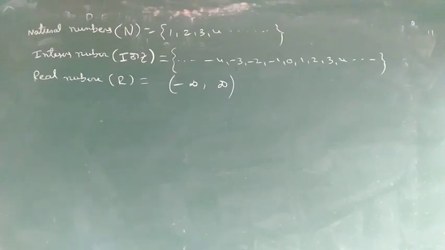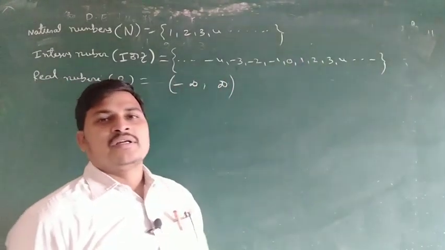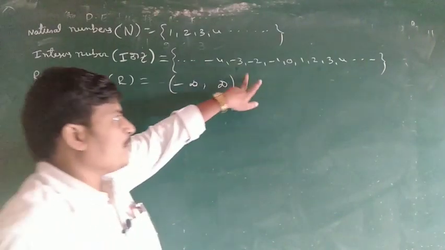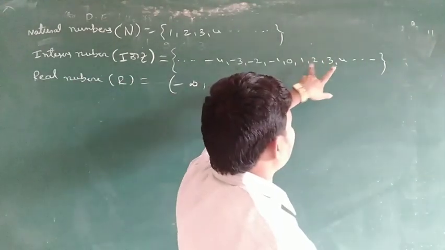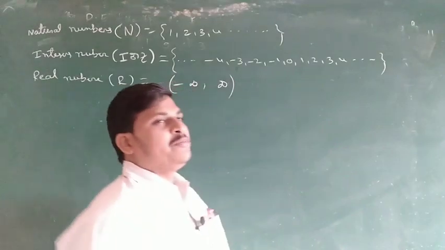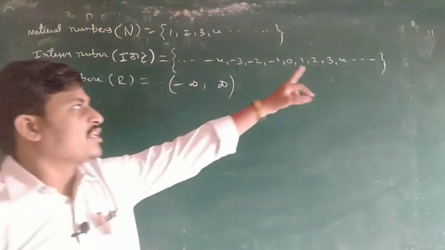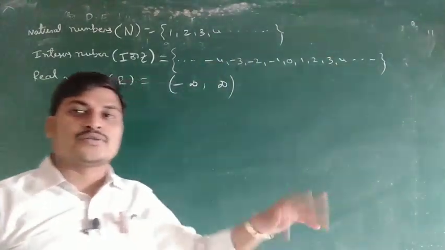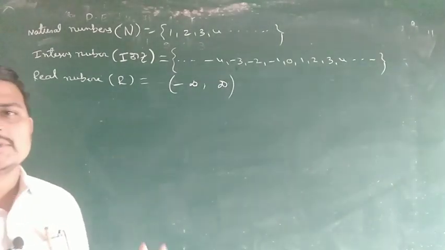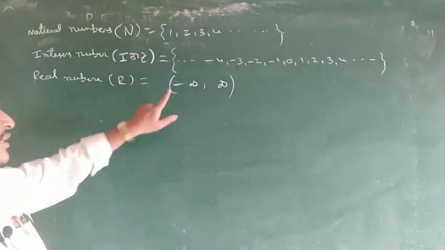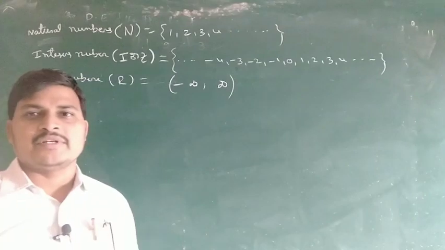What is the difference between integers and real numbers? Integers are only whole numbers. Real numbers include those and the infinite numbers between 1 and 2, between 2 and 3. Any number from minus infinity to plus infinity is a real number.